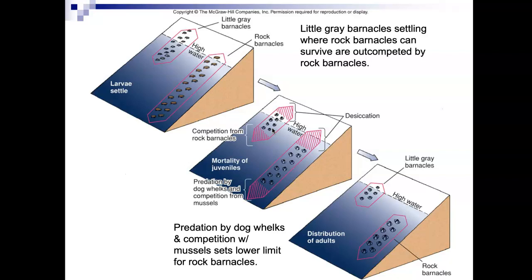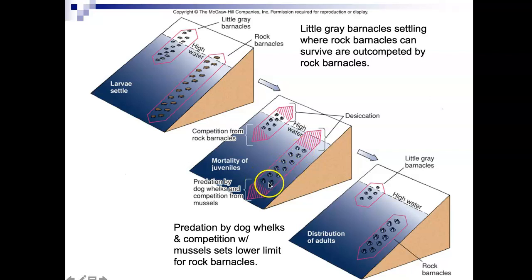Those are the two big factors that limit the lower limits of an organism's intertidal zone. When we looked at the little gray barnacles, we found that competition was heavy between the little gray barnacles and the rock barnacles, and the rock barnacles were simply a better competitor. So that limited the little gray barnacles to this area, because the rock barnacles would outcompete them.